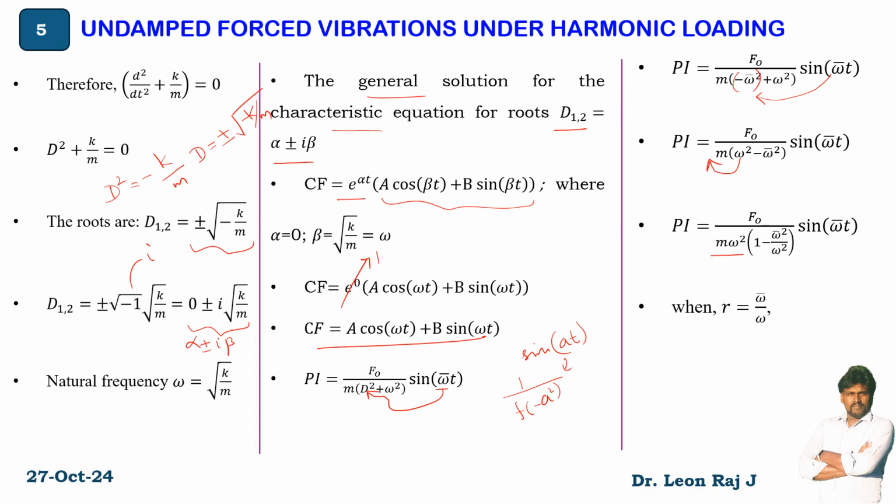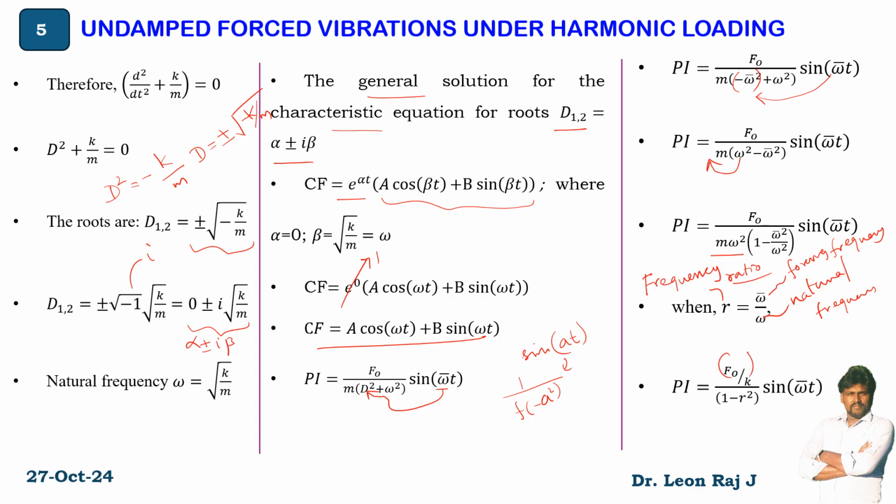Here r is the force frequency ratio. Omega is the natural frequency, and omega bar is the forcing frequency. So your particular integral is equal to f0 by k divided by 1 minus r square, sin omega bar t.